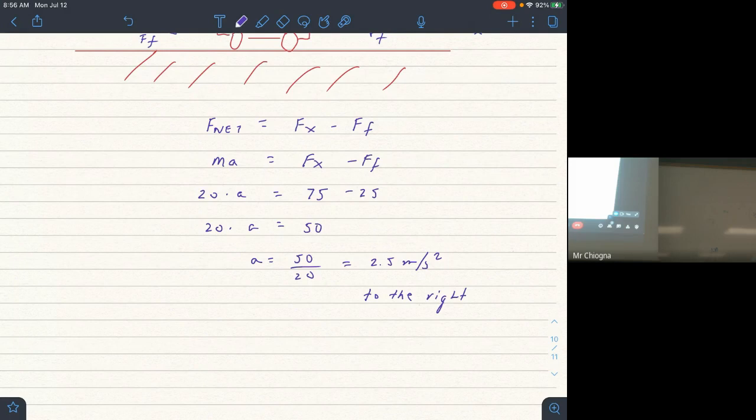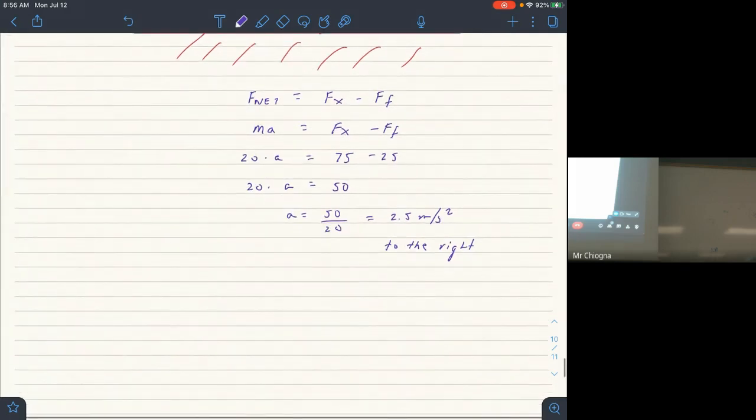Okay. How many people finished 7? Anyone not finish 7? Let's look at 7. Just reread that. This is a different type of problem. This is an incline problem. Yes, it mentions an angle, but you got to make sure you understand. It uses the word plane. It's another word for incline.